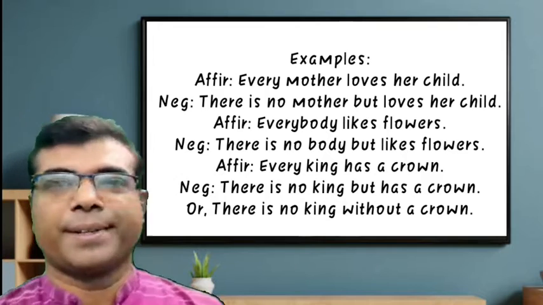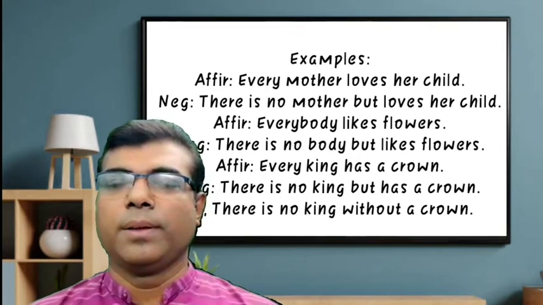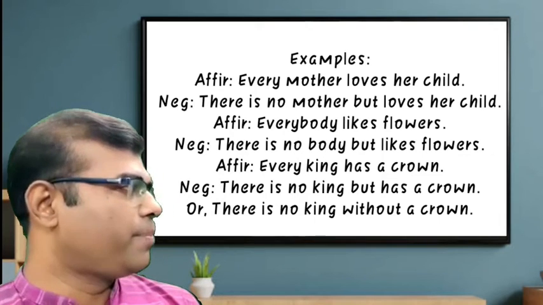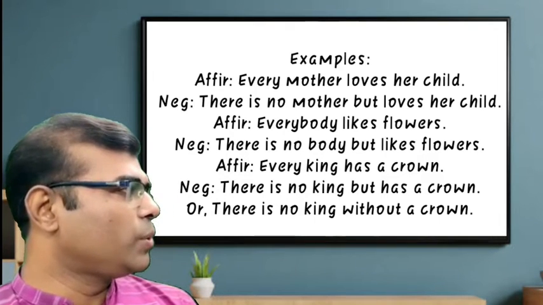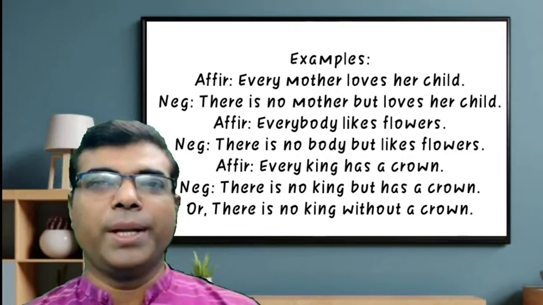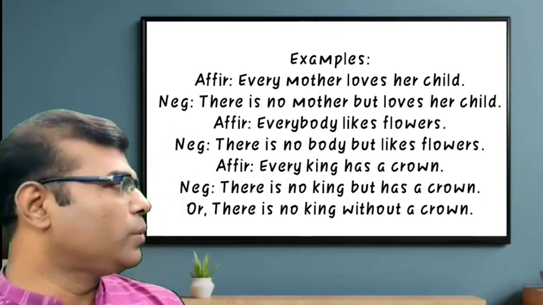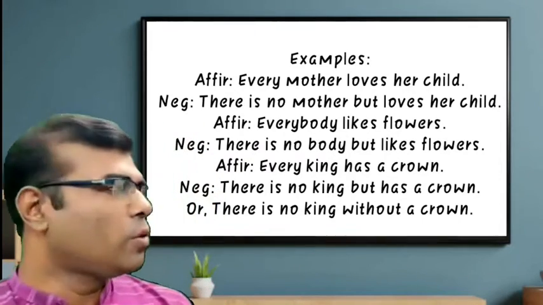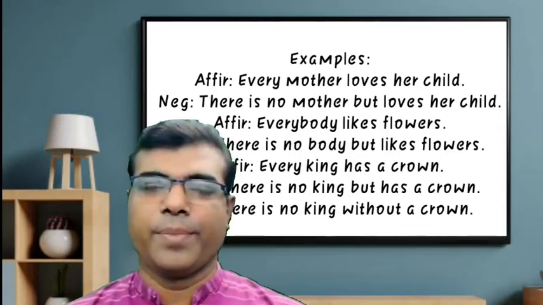Everybody likes flowers. Here we will use there is no instead of every. There is no, then we have to use the noun, body. Everybody, there is nobody. Then we will use but, then the rest part of the sentence. There is nobody but likes flowers.